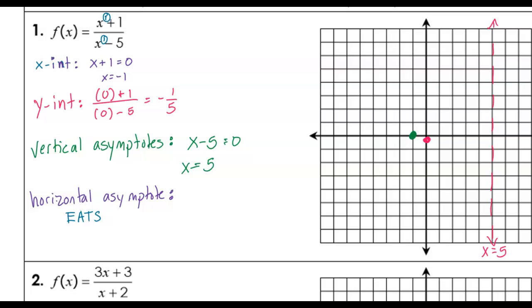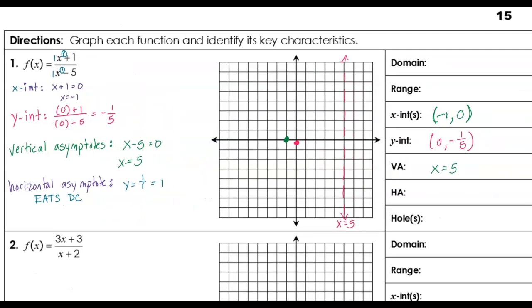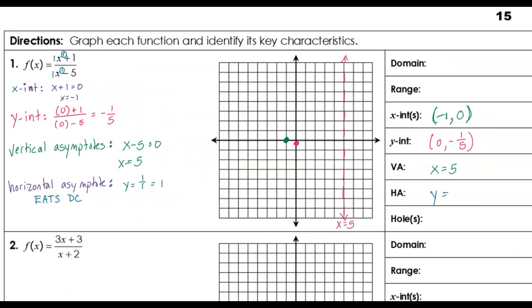Yes, divide coefficients. Now I look at my leading term. There aren't any coefficients, but we also know that when there aren't coefficients, there's always an invisible 1. So here, my horizontal asymptote is 1 over 1, which just simplifies to 1, meaning I have a horizontal asymptote at y equals 1.